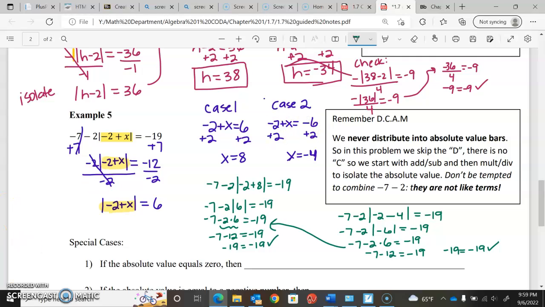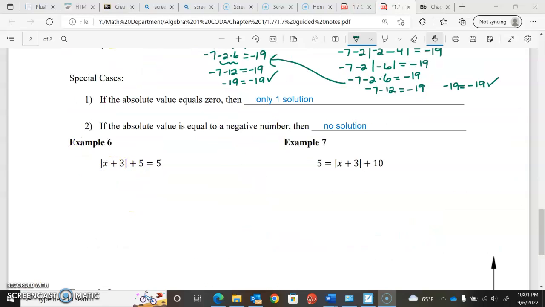So it's just very important that you take it step by step. And don't worry about what's inside the absolute value until you break it into the two cases. So you're just applying the same concepts we've been doing to get that by itself, then you break it apart into the two. There's two special cases that we want to consider.